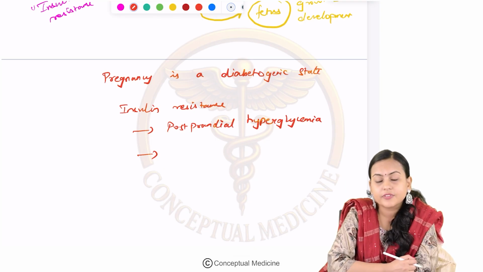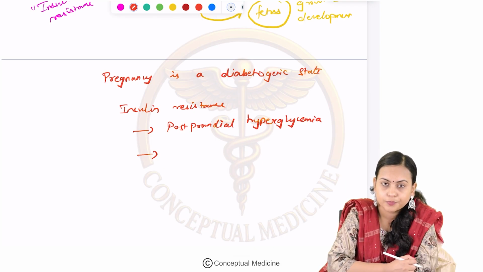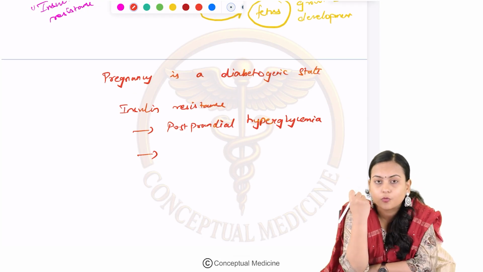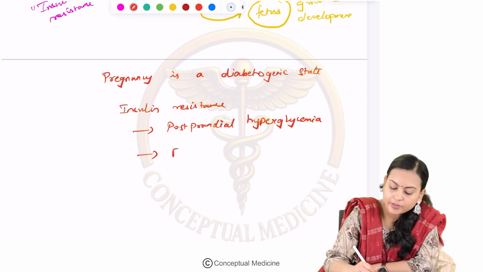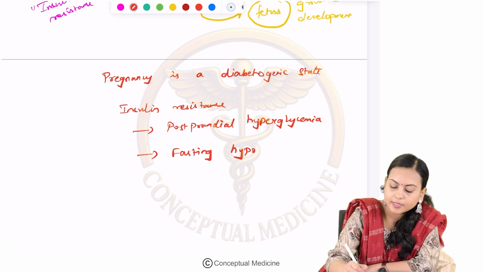Okay, because the fetus generally has a low level of glucose storage. So it is going to extract carbohydrates every time from the mother. So, whenever she is fasting, she will go into fasting hypoglycemia.